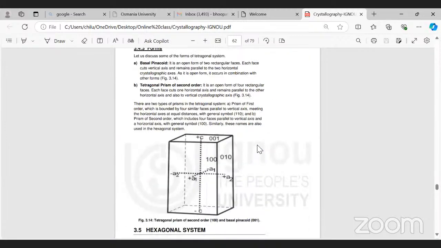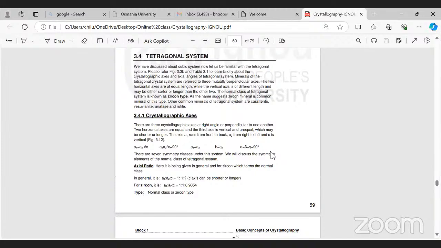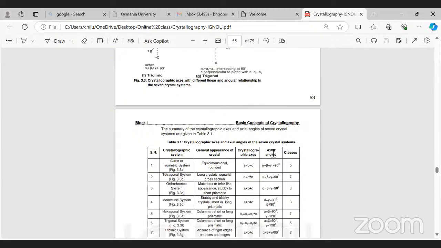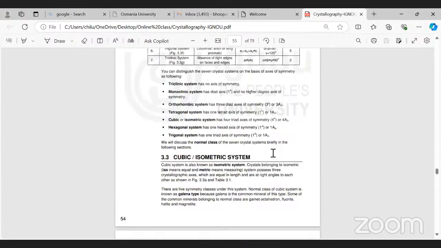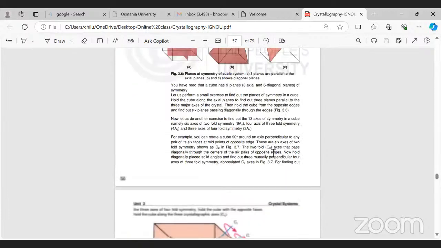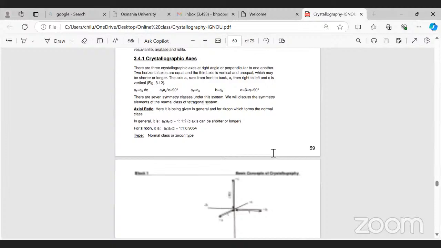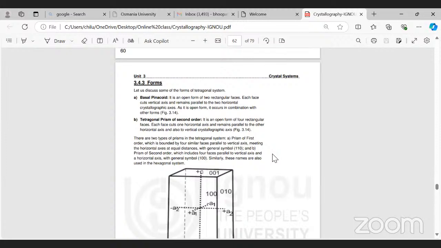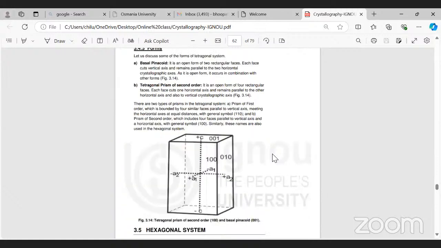Here the pinacoid type of forms are there. Basal pinacoid, which is an open form, has two rectangular faces, this and this side.